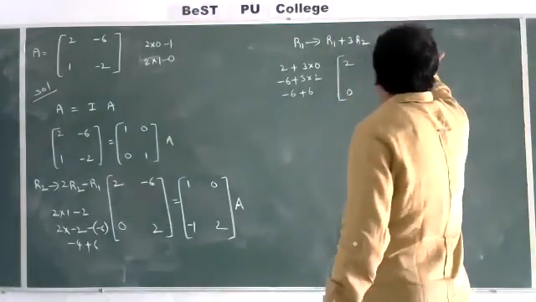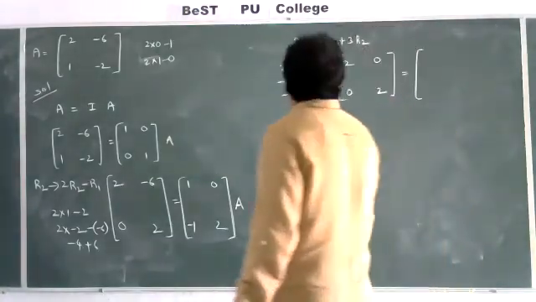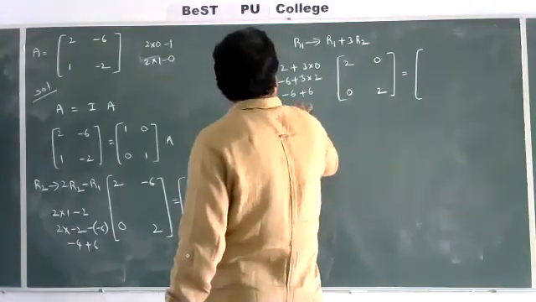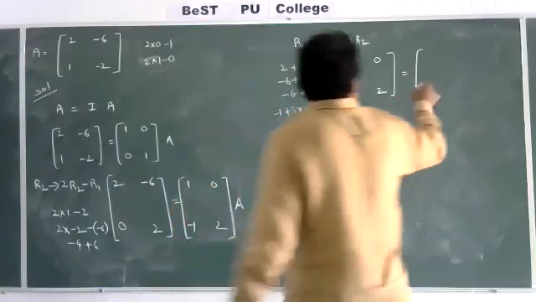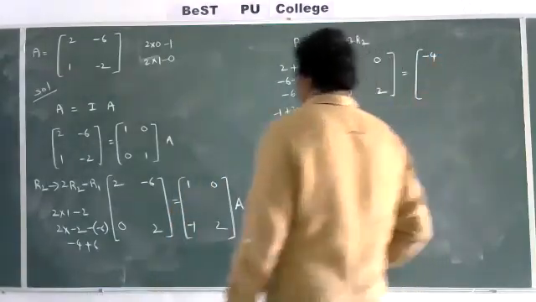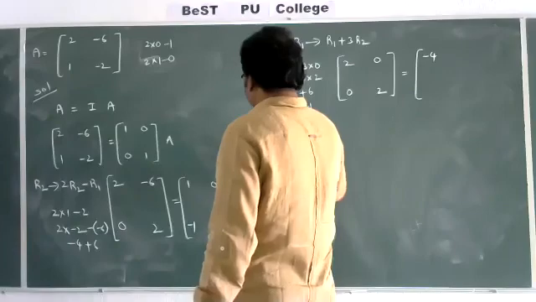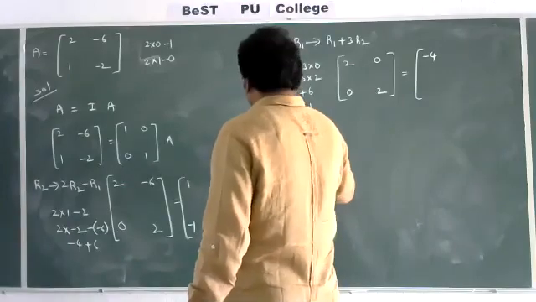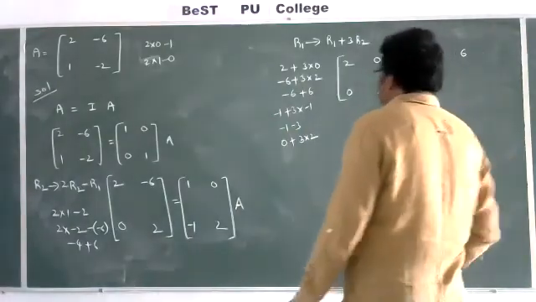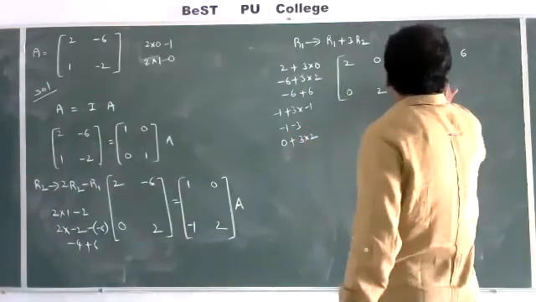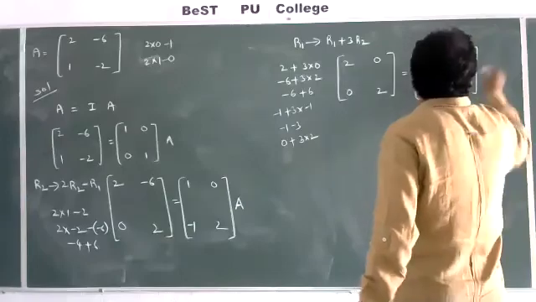Here apply for first row also, that is minus 1 plus 3 into minus 1, minus 1 minus 3, that is minus 4. Next 0 plus 3 into 2, that is 6. Second row same, minus 1, 2, into A.